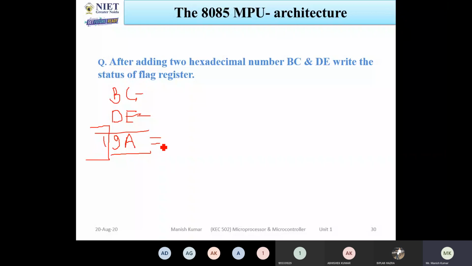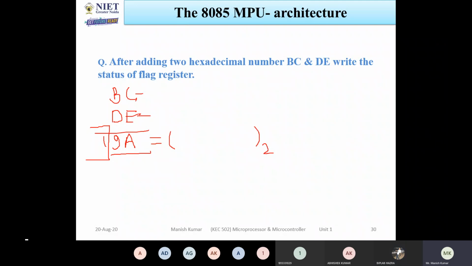Now you do one thing. 9A is a hexadecimal number, so you have to convert it into binary. You have to convert only 9A, not 19A.